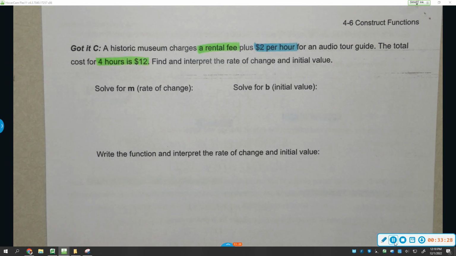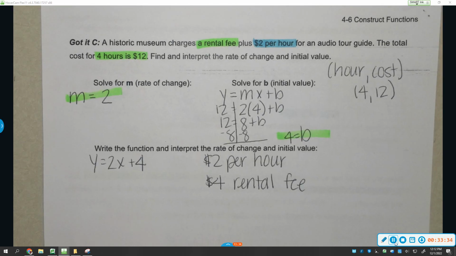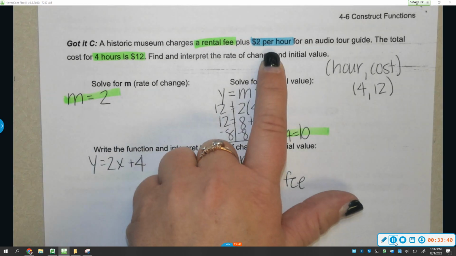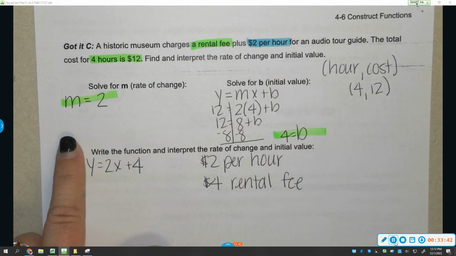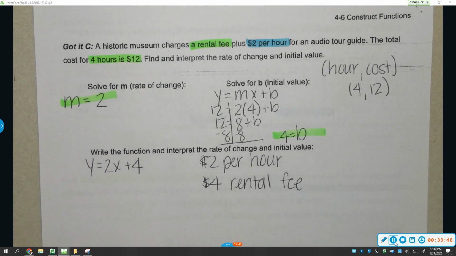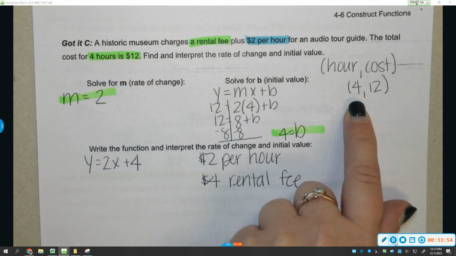All right, so do the same thing we did for the previous 2 problems. For this one, because it was so similar to the other one, here is the answer. The rate of change, again, was given to you in the story problem. It's $2 per hour. It was the same rate as the last one, but this time you're not renting a stroller, you're renting audio equipment. 4 hours for $12.